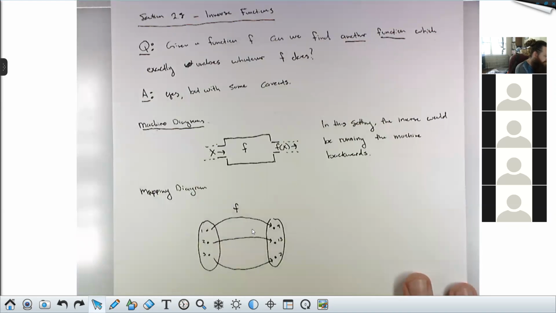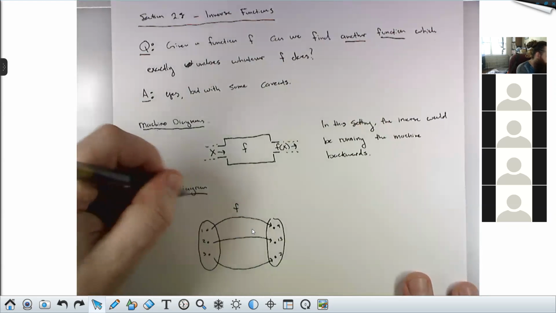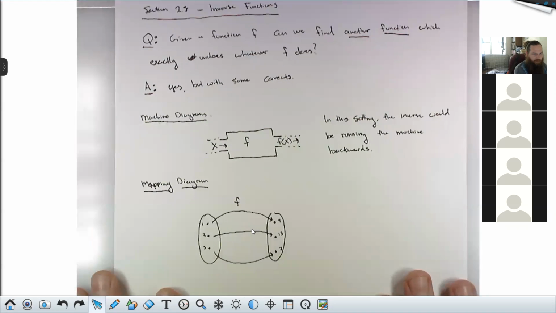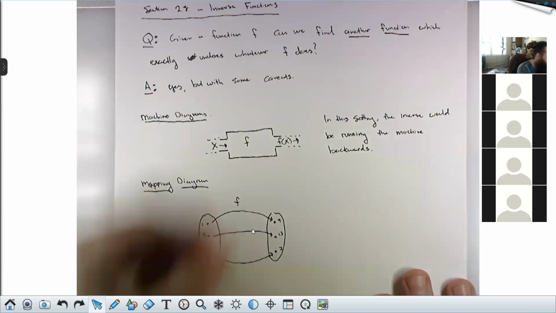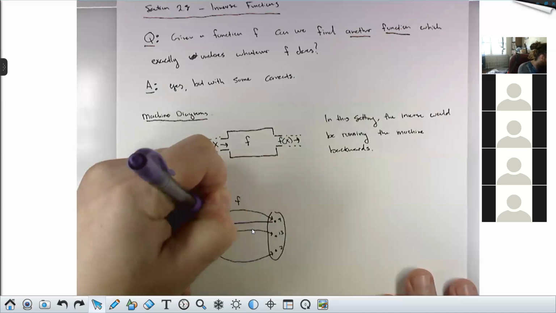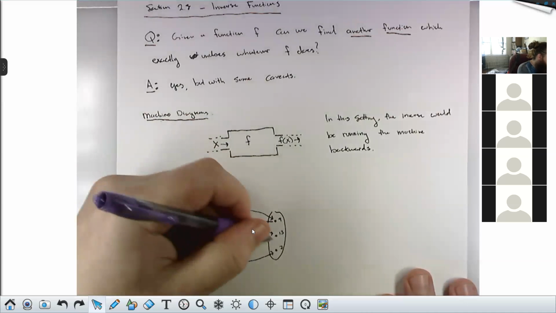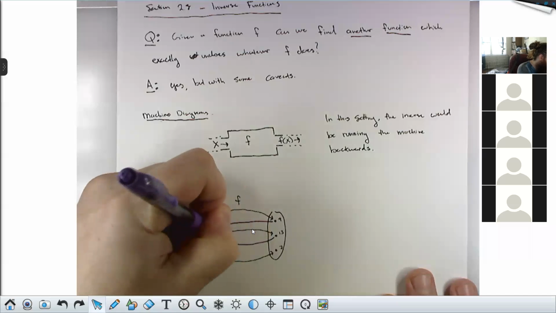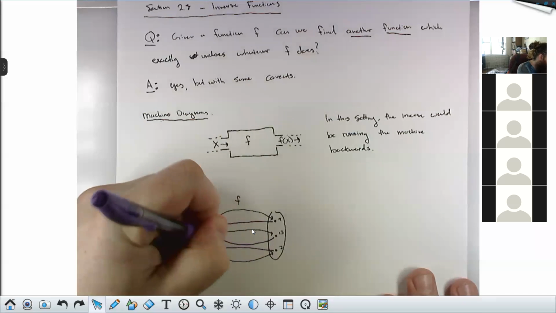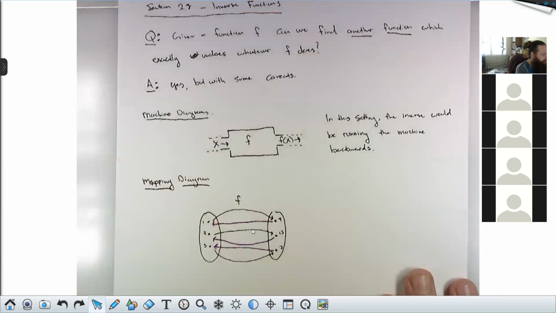In this setting, in the setting of the mapping diagram, the inverse function would take 9 and send it back home to 1. Would take 13 and send it back over to 2. And would take 7 and send it back over to 3.